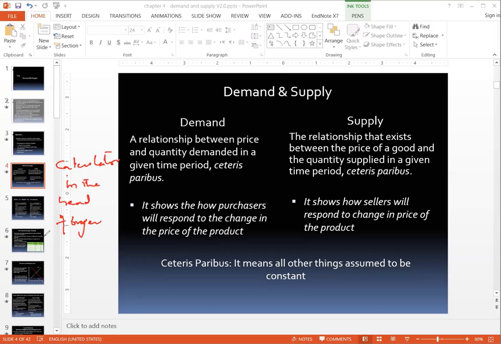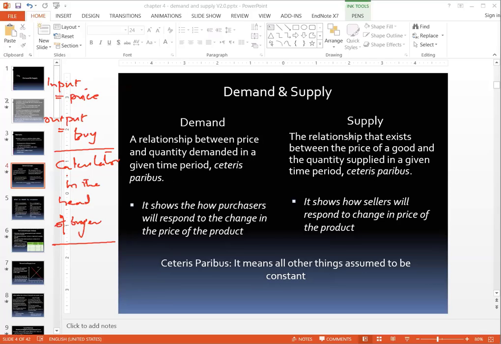That calculator has one input, the price, and gives one output, how much to buy. The relationship between this input and output is demand. The way the buyer's decision changes based upon the existing price is demand.